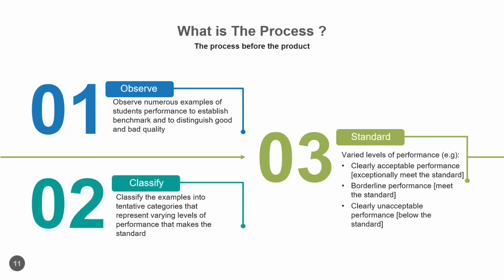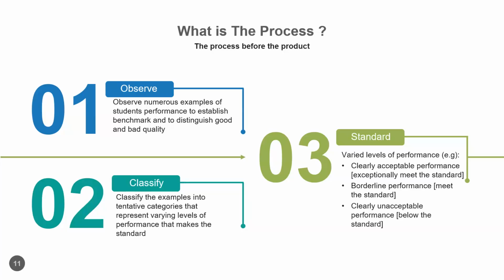So when you are able to classify, then you are able to do the next step, which is indicating the standard. So those who have clearly acceptable performance, or some people actually say they have exceptionally met the standard, you can have at one end. If it's a 5-scale rubric, that will be 5.